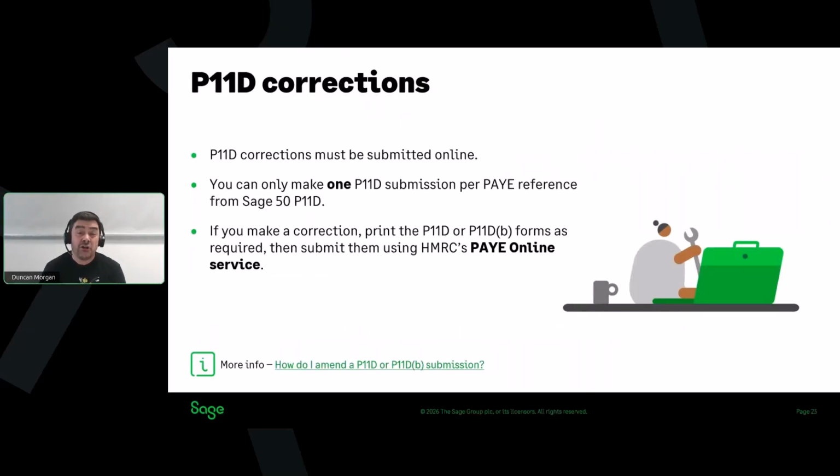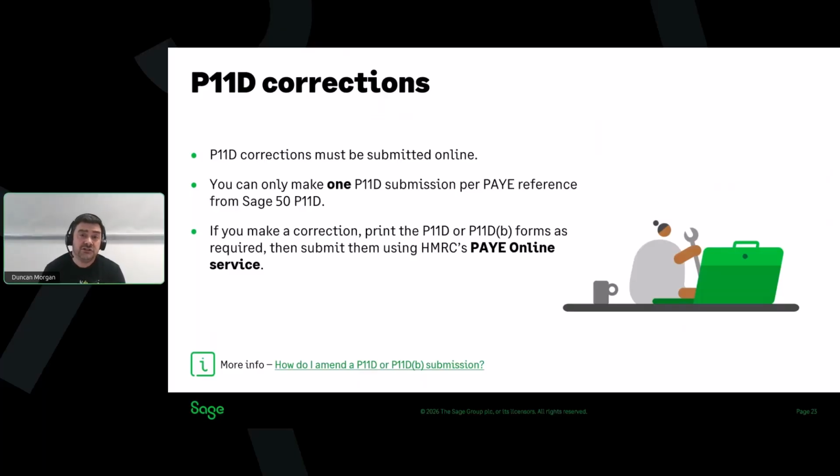And just to mention corrections, it is only possible to do one P11D submission per PAYE reference from P11D. If you do realise you've made a mistake and need to make a correction, the approach to take would be to correct the records in your P11D software.